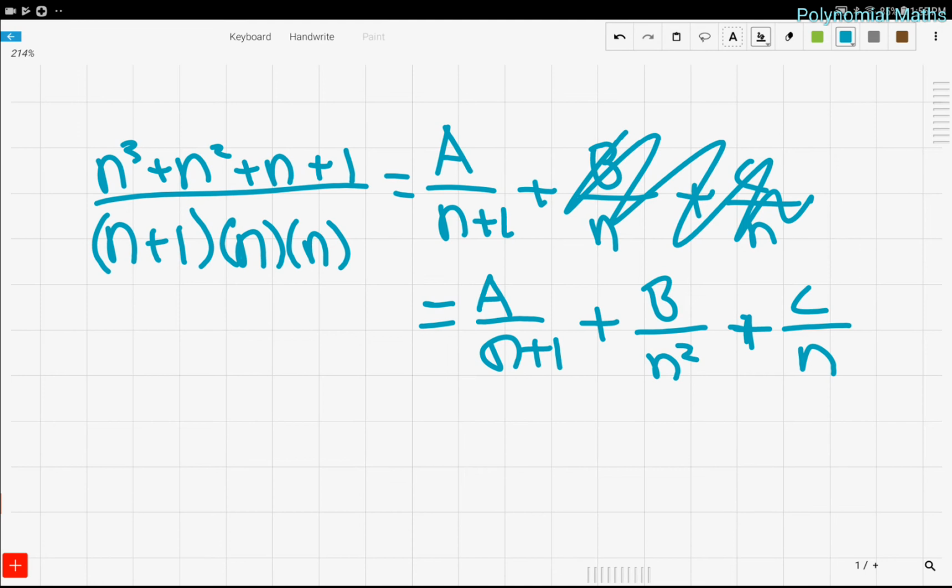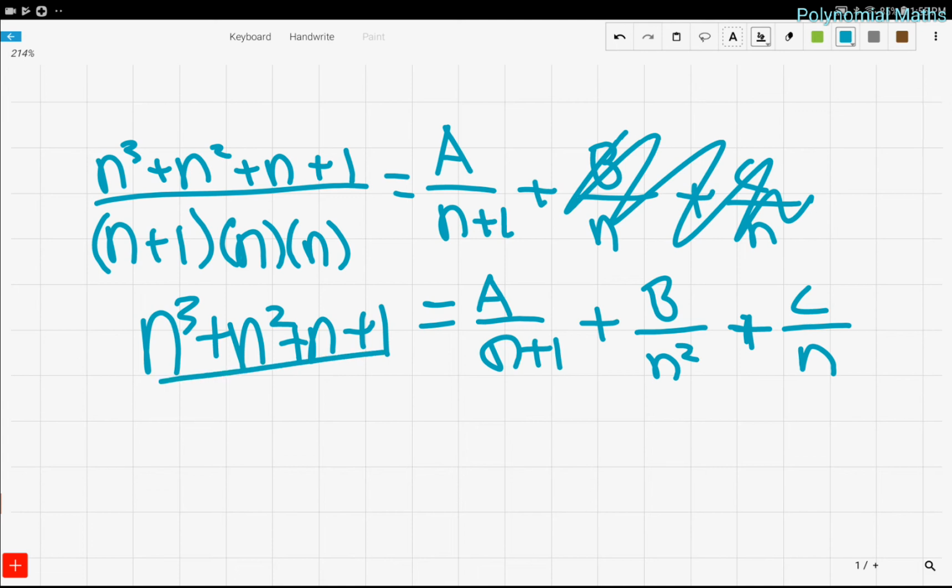So after we're done doing that, now we can just continue with the normal case of solving for each of A, B, and C by using the Heaviside cover-up method. But first, of course, we have to multiply everything by n plus 1 times n times n.